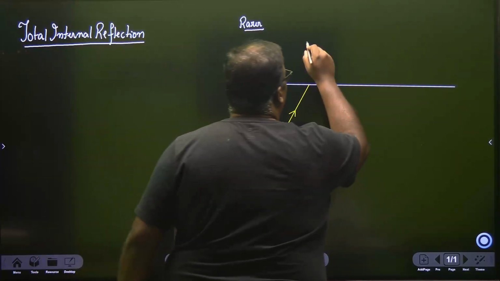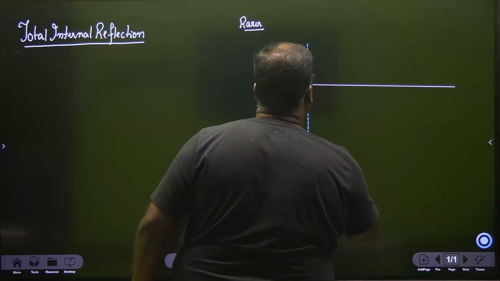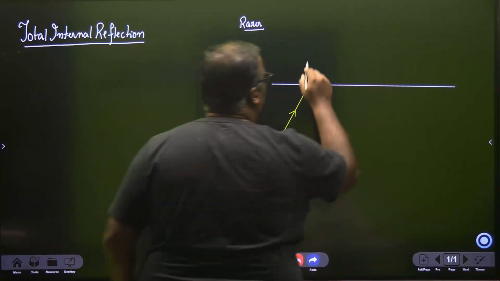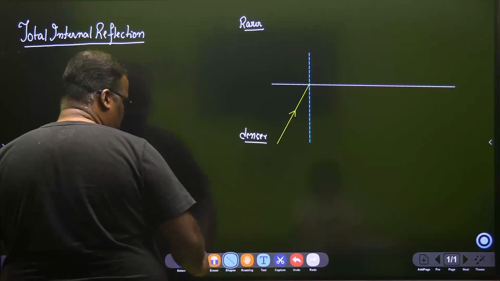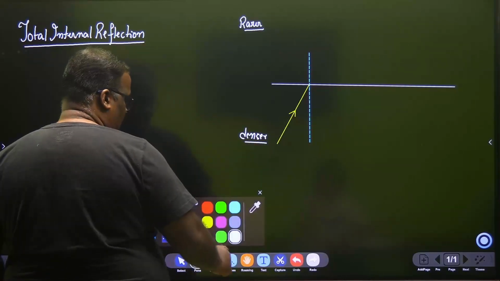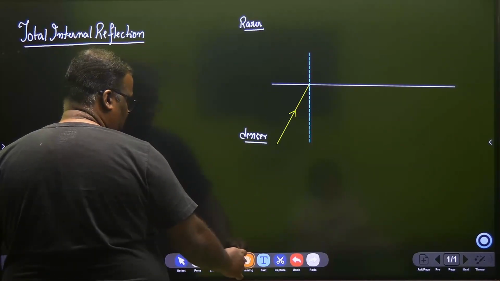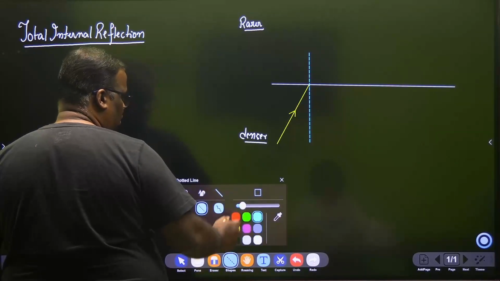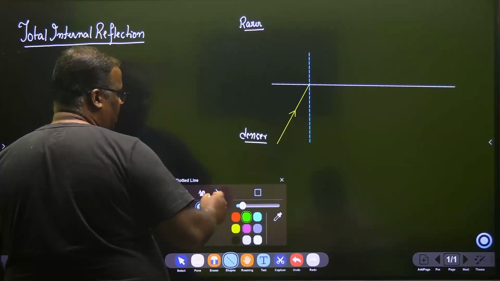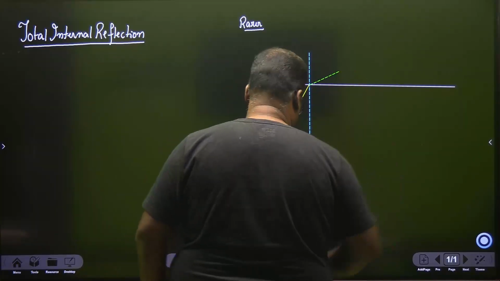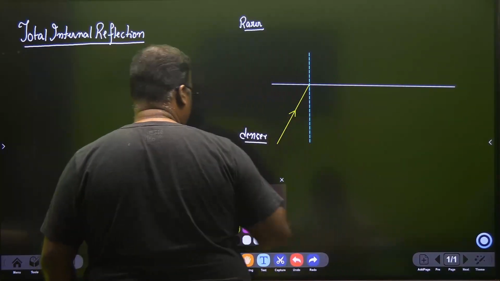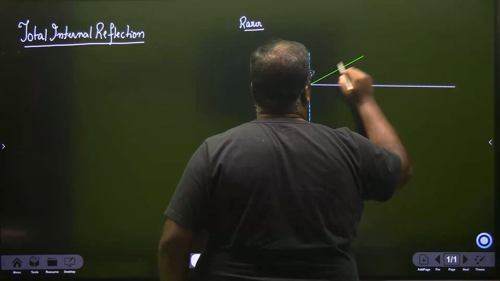So let me create the normal. Right. So this is my normal. So I'm going from denser to rarer. So what do I expect? I expect that when I go from denser to rarer, my refracted ray will bend away from the normal.